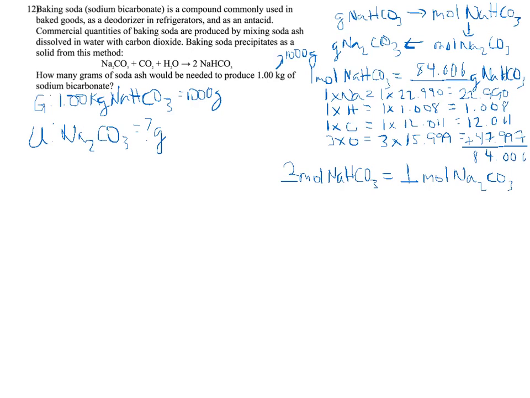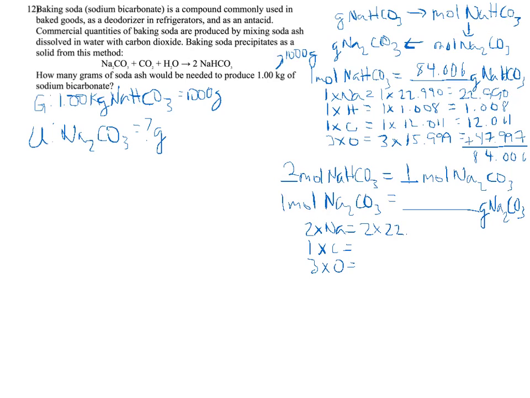Okay, and then the last step is to do our molar mass of sodium carbonate, or soda ash. So 1 mole of Na2CO3 equals blank grams of sodium carbonate. So that's 2 sodiums, 1 carbon, 3 oxygens. So that's 2 times 22.990, 1 times 12.011, and 3 times 15.999.